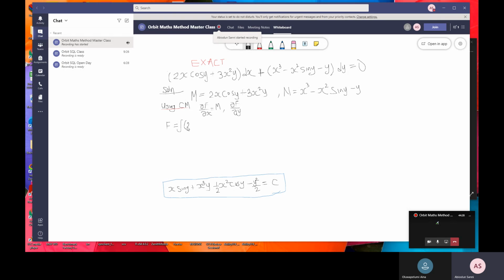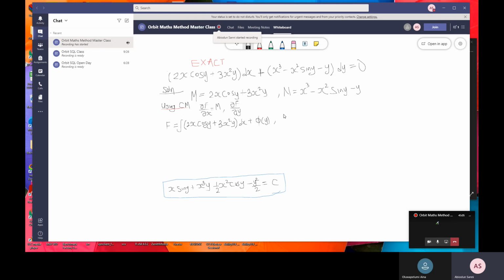That's 2x cos y plus 3x squared y dx. So since I'm integrating with respect to x, I'm going to have a constant value which is a function of y. So I'm going to add phi of y here.